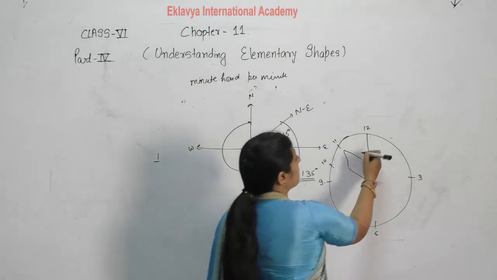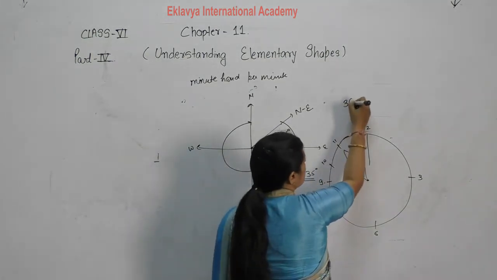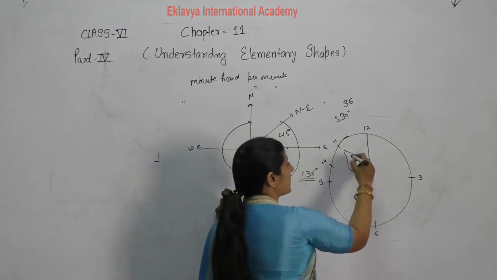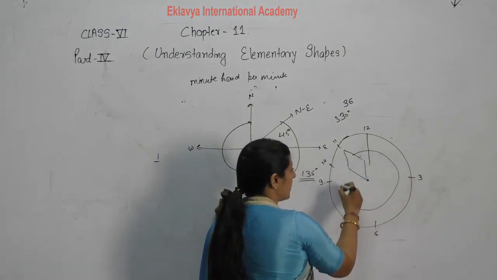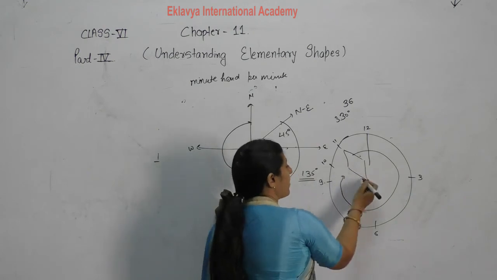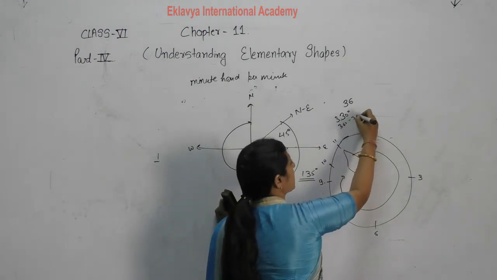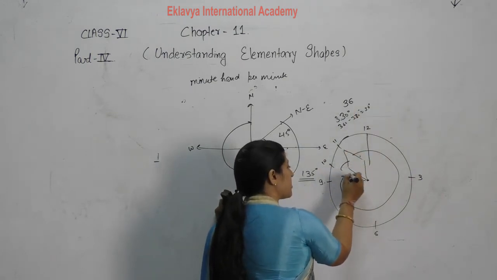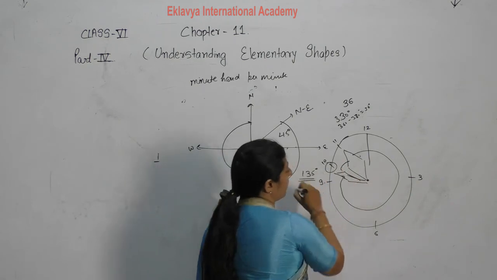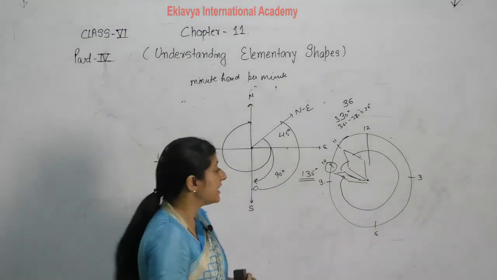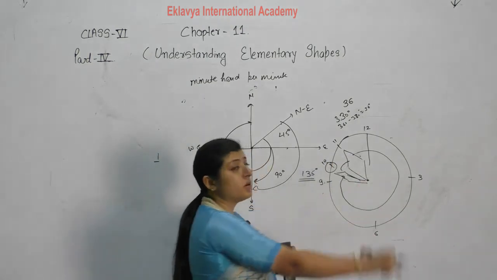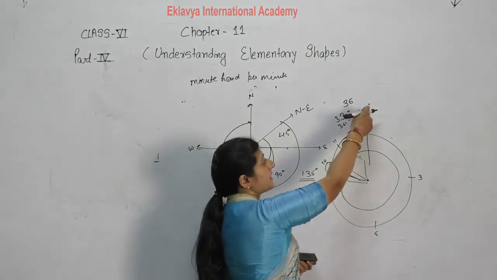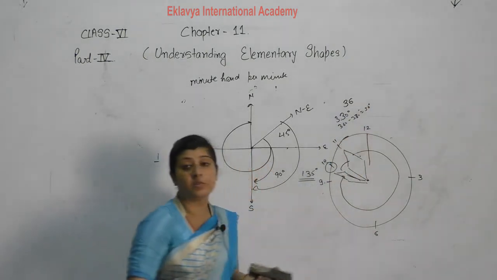Okay, now see 330, because there are two ways to solve it. 330 degree, it means till here, or you can say 360 minus 330, that is equal to 30 degree in anti-clockwise direction. Anti-clockwise direction, this one means at 10 o'clock. After making 330 degree, it will be at 10 o'clock. Or you can say in anti-clockwise direction 360 minus 330, 30 degree, then directly you can find out at 10 o'clock.